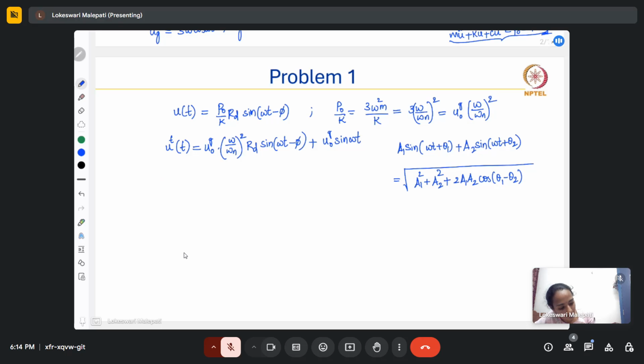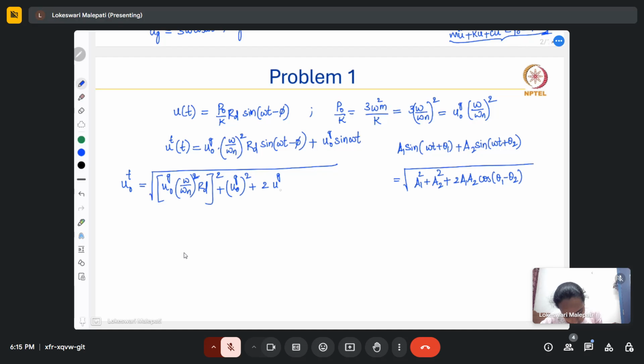Now let's substitute for a1, a2 and theta 1 minus theta 2. The amplitude is the square root of ug naught omega by omega n square rd the whole square, plus ug naught the whole square, plus 2 ug naught square omega by omega n the square times rd times cos of theta 1 minus theta 2.